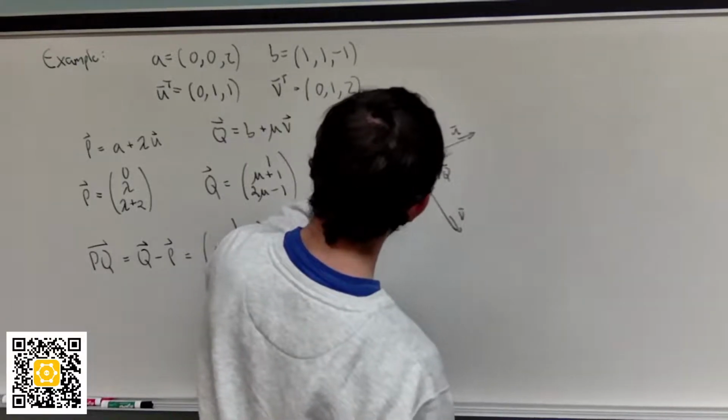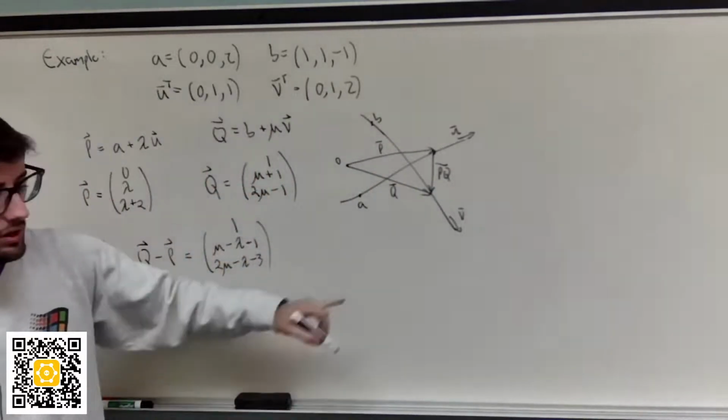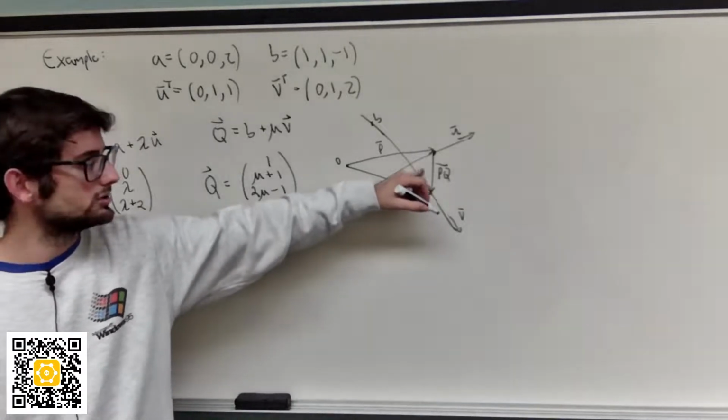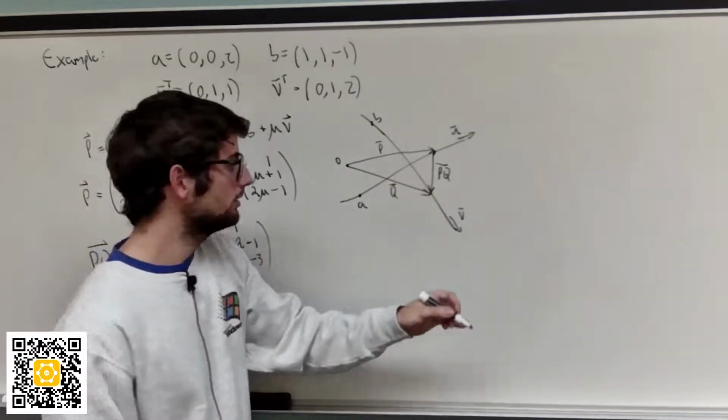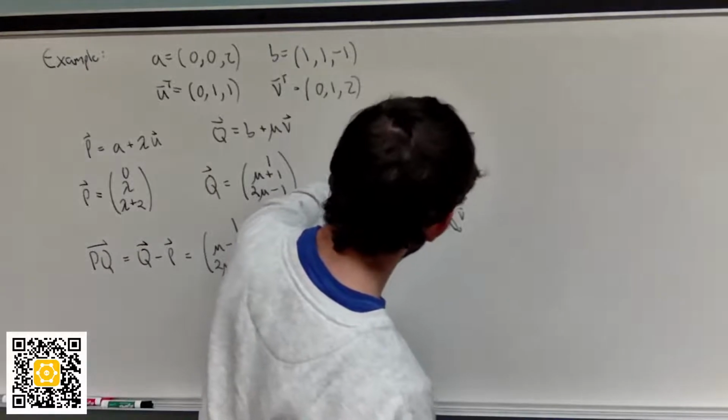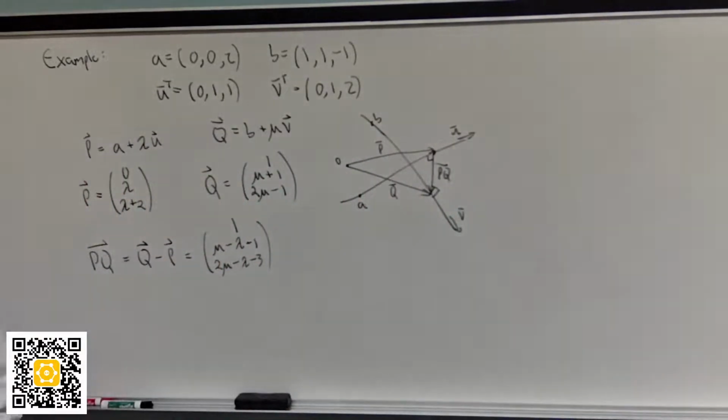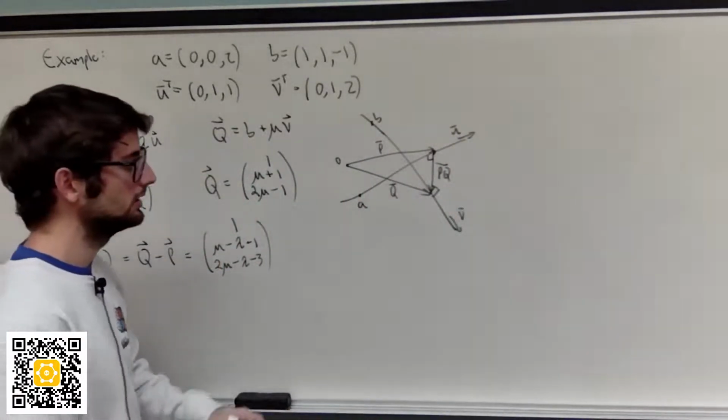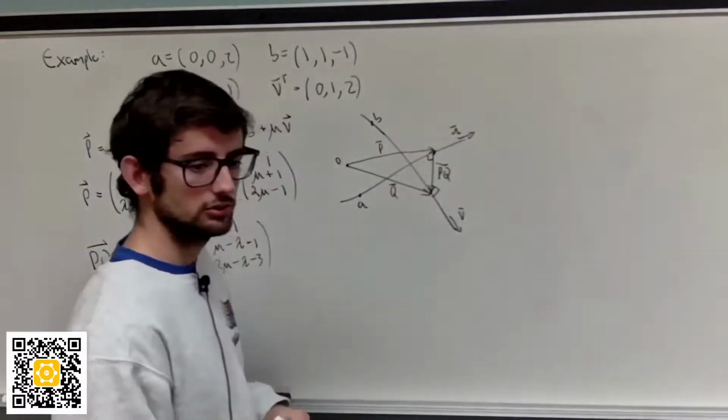Wow, there's a lot going on in this board. We essentially just solved for PQ, which is this vector right here. And now we need to confirm that this is a 90-degree. And how can we confirm that? By using the dot product between this vector and the U vector.